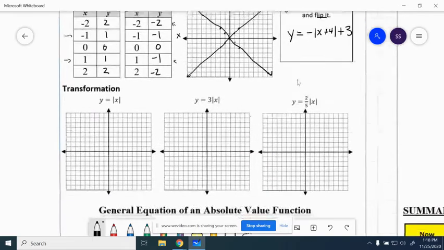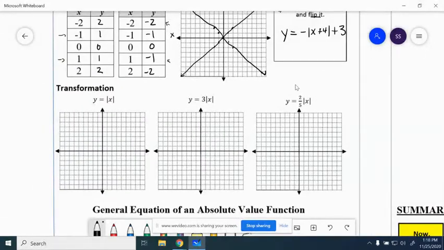All right, moving on. So now we're looking at transformations, which is kind of like we're going to be stretching or shrinking our function, making it flatter or steeper, okay? And so you can think about a value in front of here of 1.